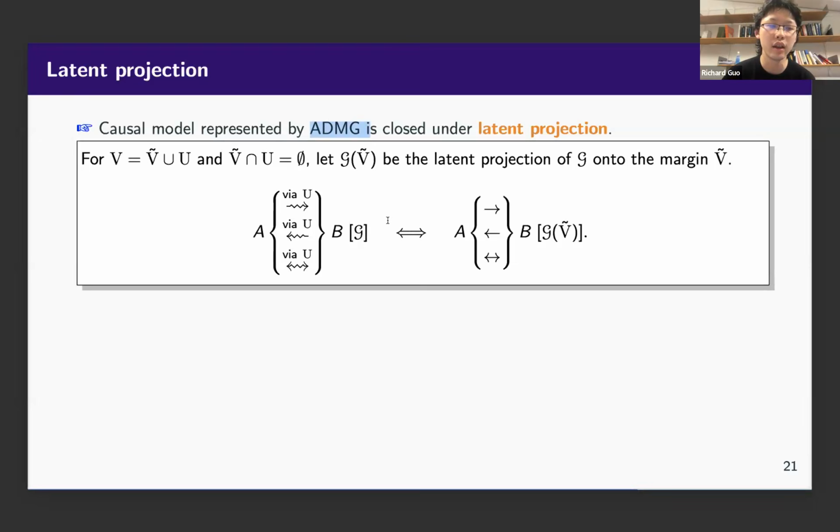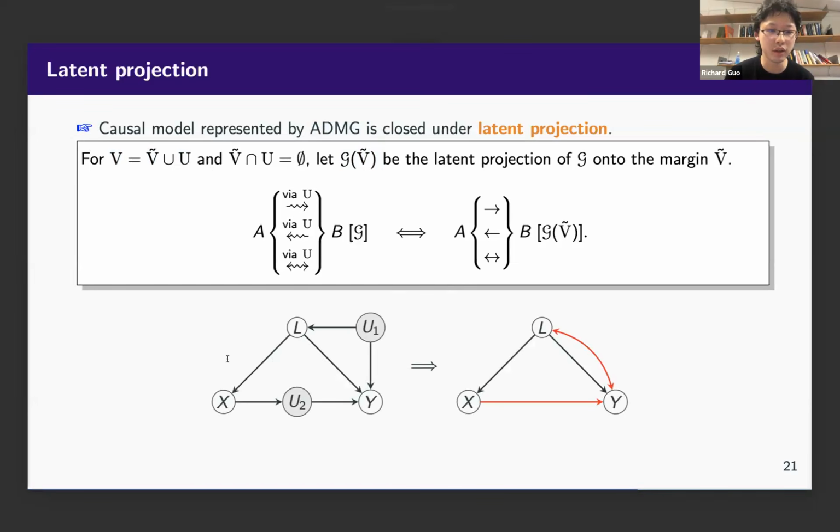So basically, if you can partition your vertices into observed Ṽ and unobserved U, such that Ṽ and U are disjoint, then you can properly formulate a graph only involving those observed variables using this operation called latent projection. For example, suppose on the left this is the full graph.